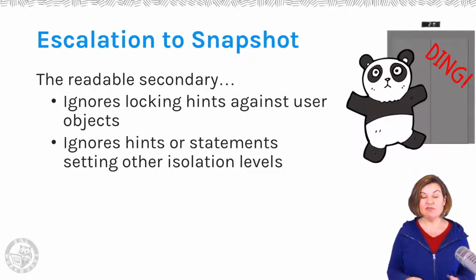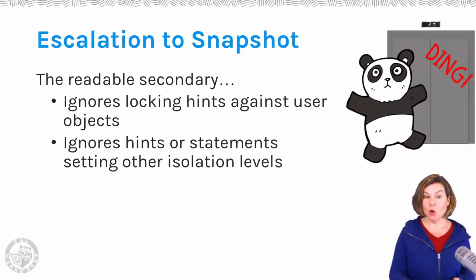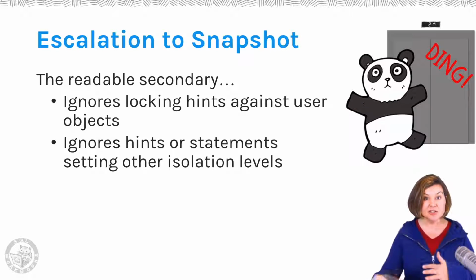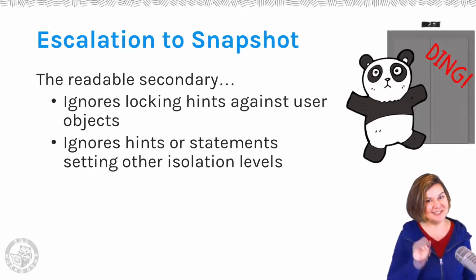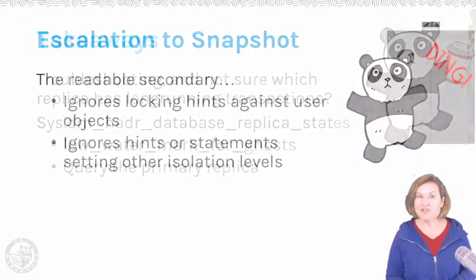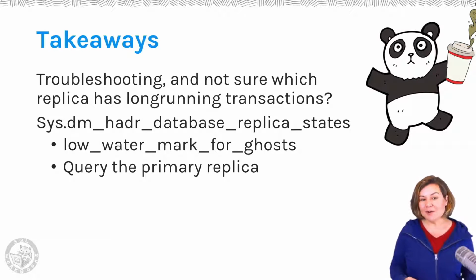It's really, really convenient in this case that this form of snapshot isolation ignores locking hints, and it even ignores if you go in there and say, set my transaction isolation level for my session to serializable, you are still going to have your queries use snapshot isolation automagically, no matter what you try.